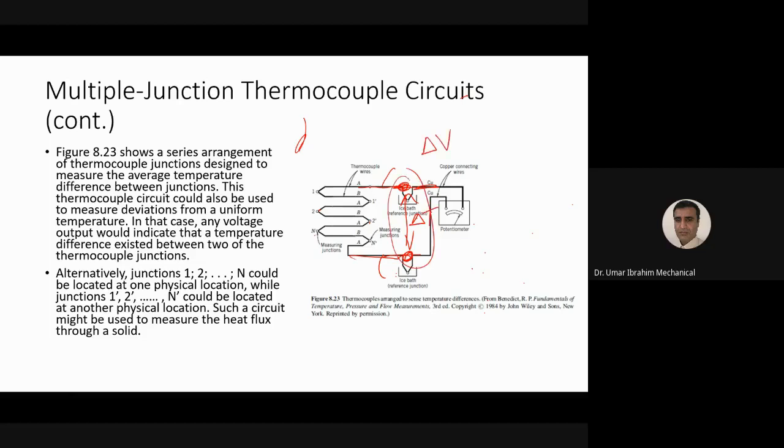If I want to ignore these two junctions, what I can do, I can keep these two junctions at constant temperature of 0 degree by putting them in ice bath, and this will ensure that the voltage contribution of these two junctions is 0 in the thermocouple measurement. Clear ये बात students?